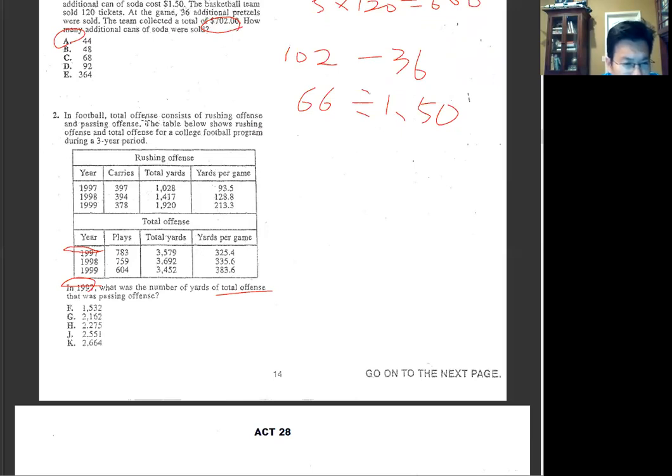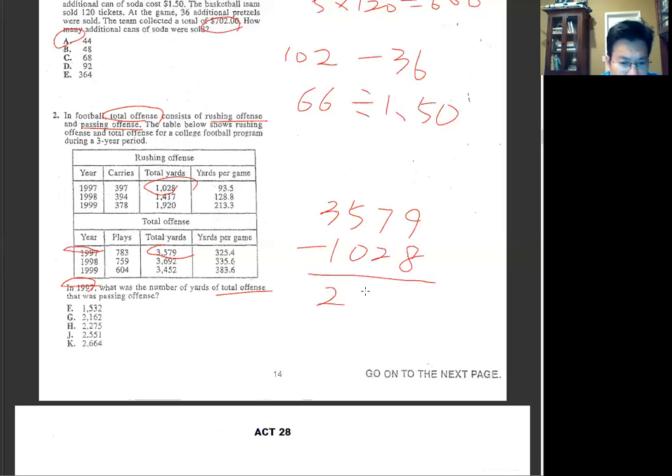So total offense is 3,579, but they want to take out the rushing offense, which is 1,028. So 2,551. Okay.